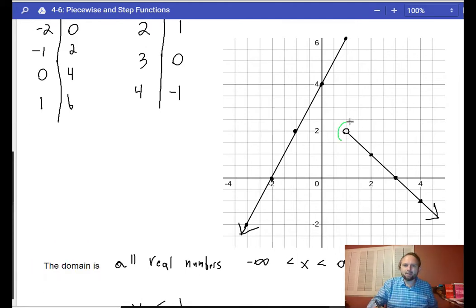Even this part right here, it might look like it touches it twice, but it's technically not. It's at 1. Our limit, it's going to get really close, and it should be 1, 2, but it's not. It's 1, 6, because at this point, it jumps up to here.